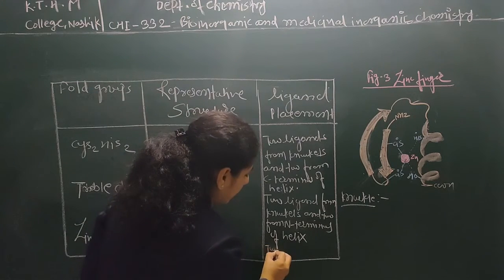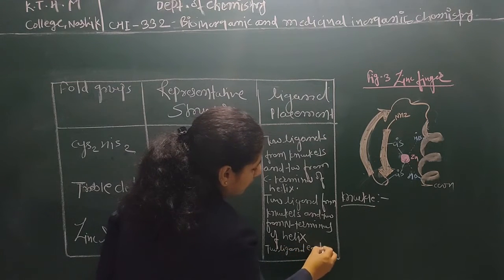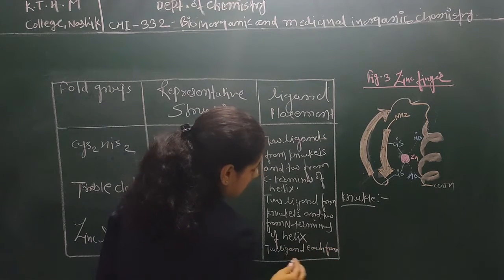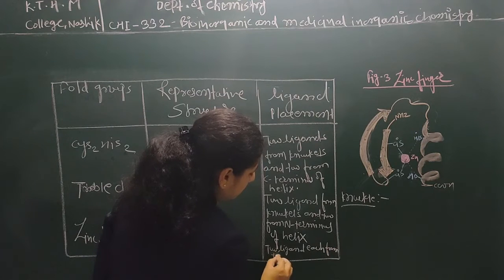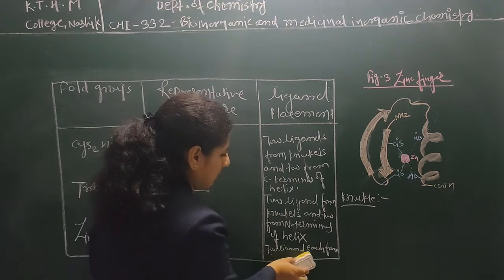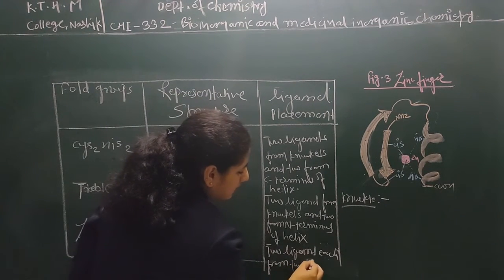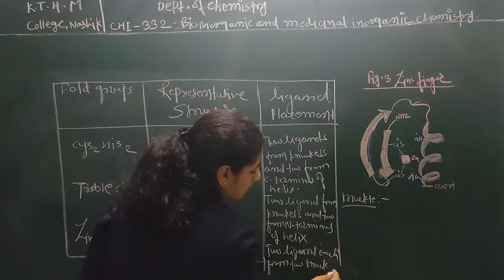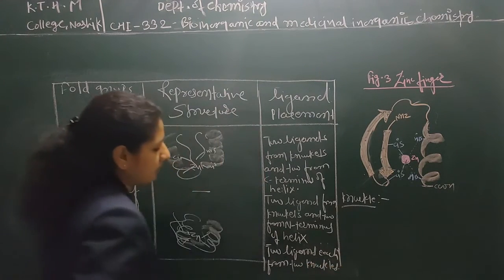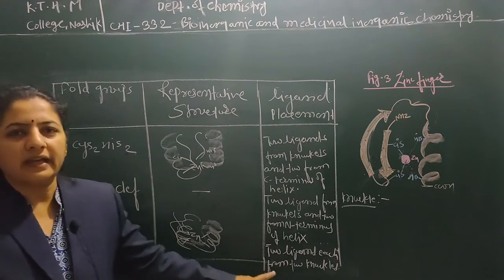Actually these two ligands, each from two nucleus, means here from two nucleus. So these are the representative structures of folding groups and ligand placement.